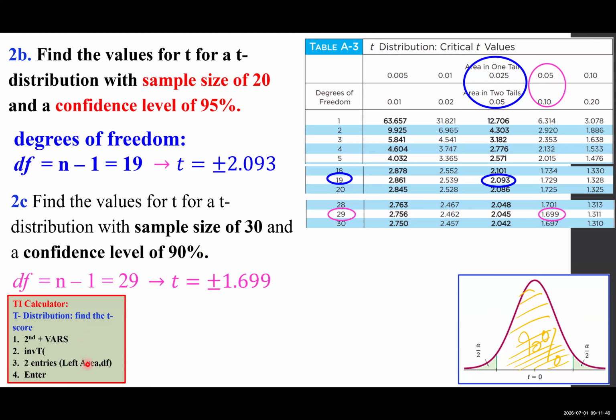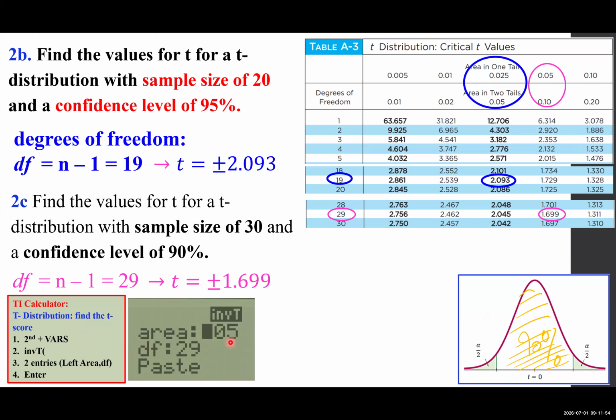So if you put 10%, you're wrong. You have to put this, which is 0.05, degrees of freedom is 29. And it gives you the left side, of course, with a lot more decimals. And then, of course, you should recognize for the right side, by symmetry, you make it positive. So there are two answers, negative as well as positive.